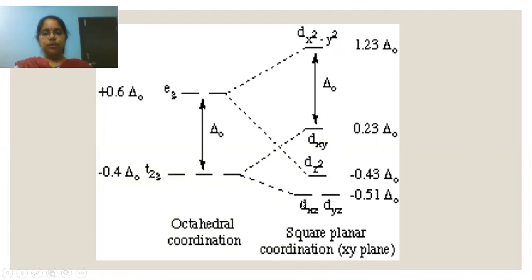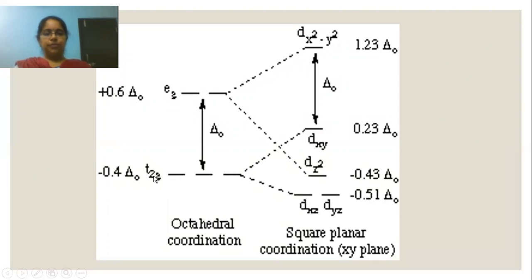The energy of these orbitals is found to decrease by minus 0.51 delta units compared to the t2g set of an octahedral complex.